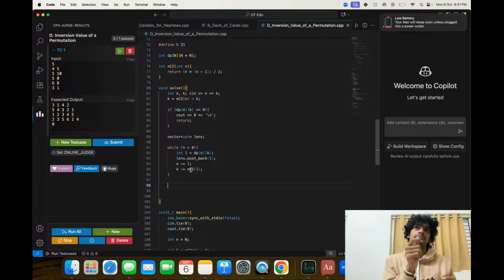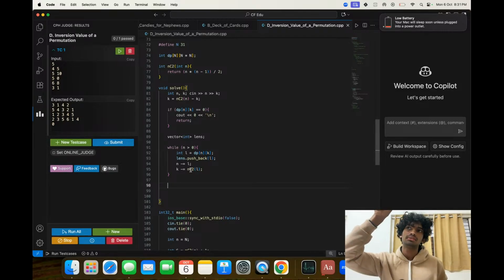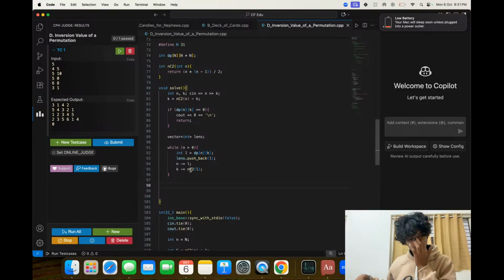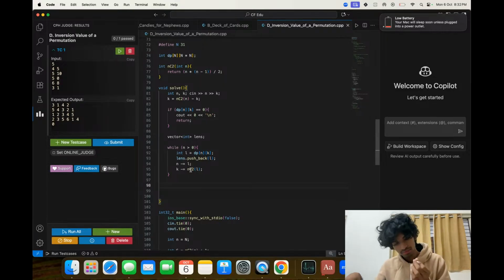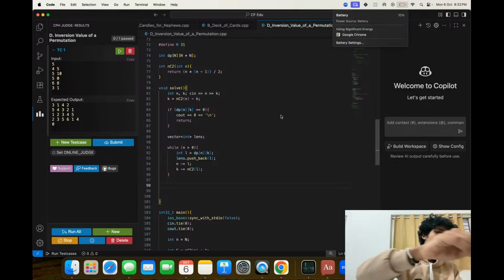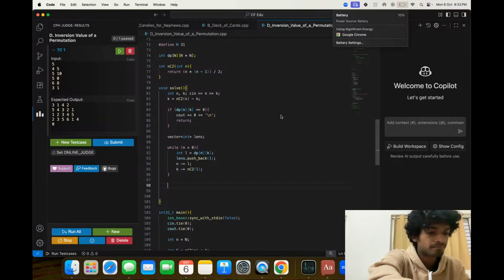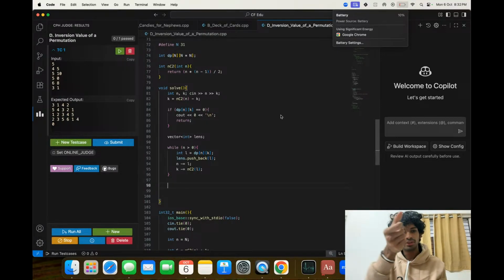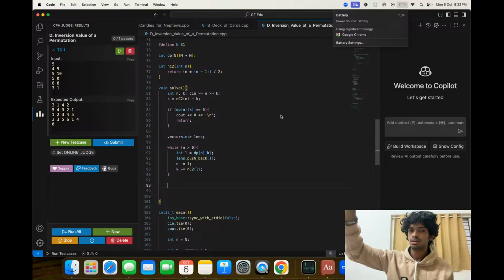I'll do one swap here, one swap here, one swap here, and then I'll make the last thing non-decreasing. Keep going. Just do one swap.